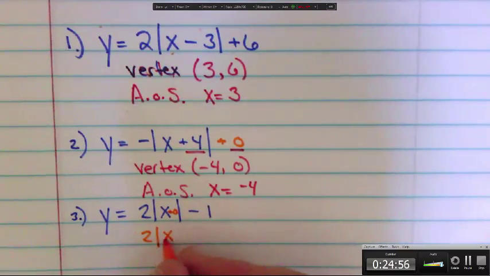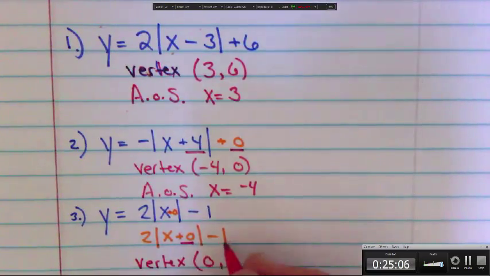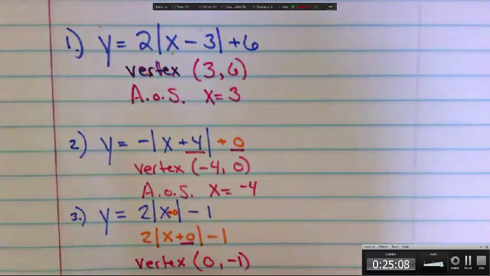So this is the same as 2 absolute value of x plus 0 minus 1, which then makes the vertex easy to identify. The vertex is you change this. Well, the negation of 0 is still 0. Keep negative 1. And the axis of symmetry is the equation x equals 0, because that corresponds to the x value of our vertex.